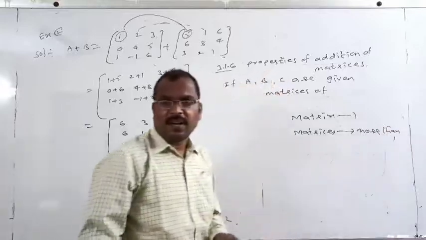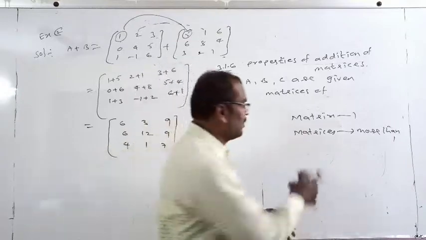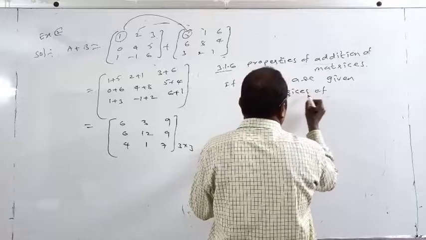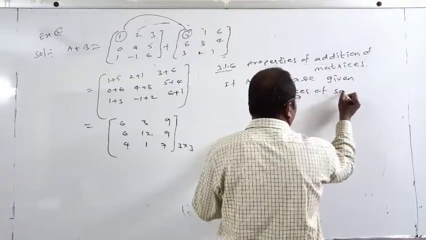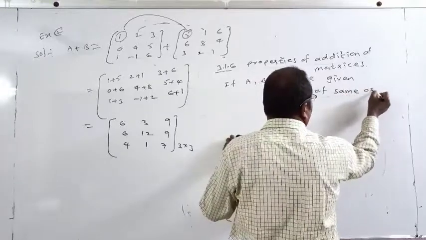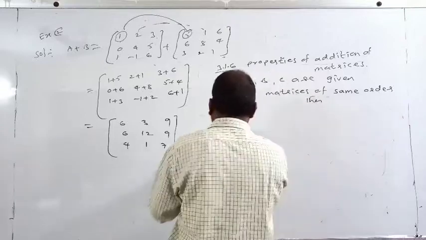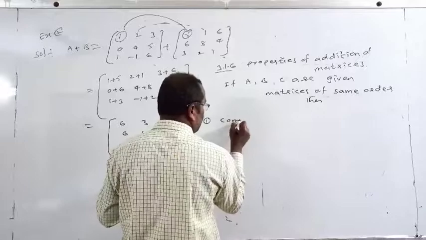Don't confuse here: matrix is singular, matrices is plural, more than one. A, B, C are the given matrices of the same order. Then number 1, the first one is the commutative property.